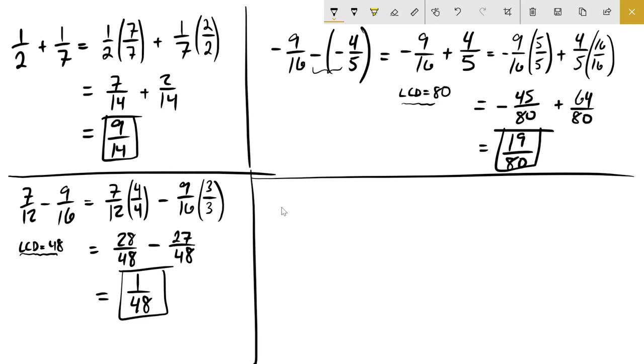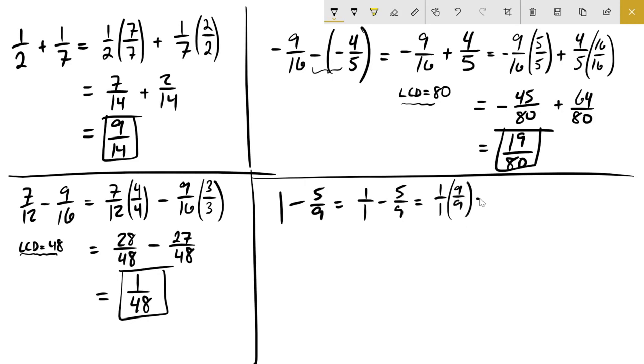What if whole numbers get thrown into the mix? How do you handle that? What do you do if whole numbers get thrown in there? Yeah, you just write them as fractions. So 1 is like 1 over 1, and if I want to get a common denominator, I just need to bring that up to what?